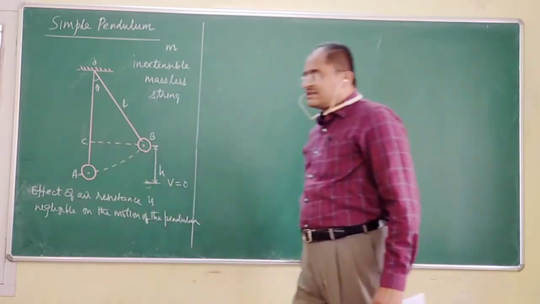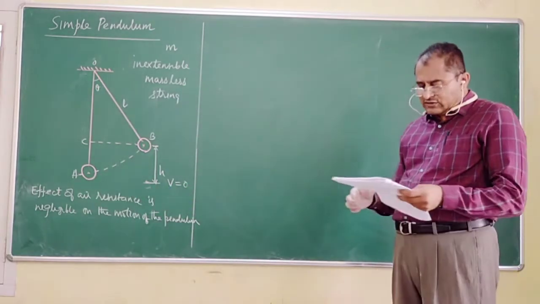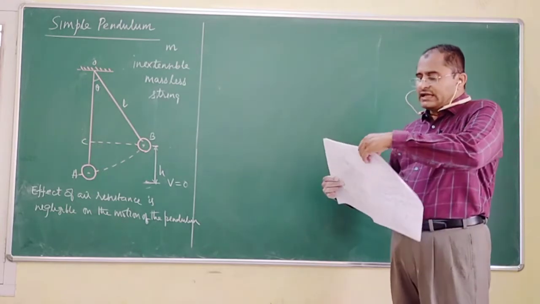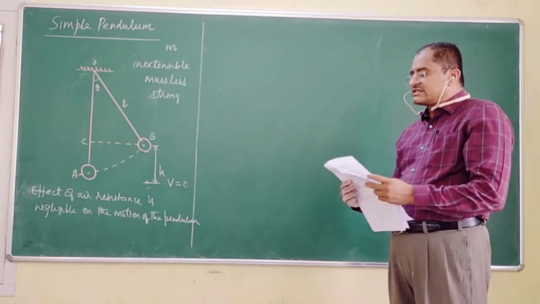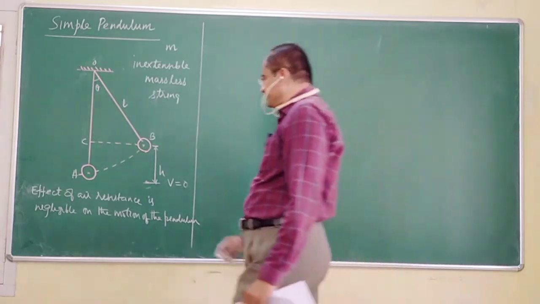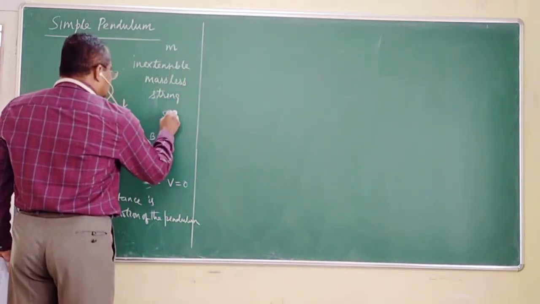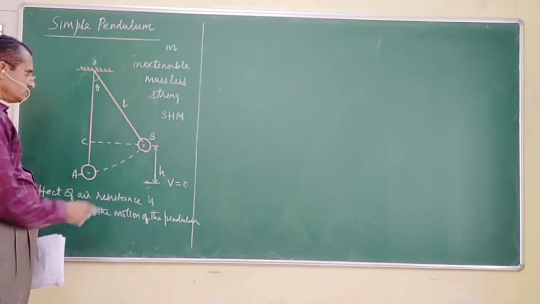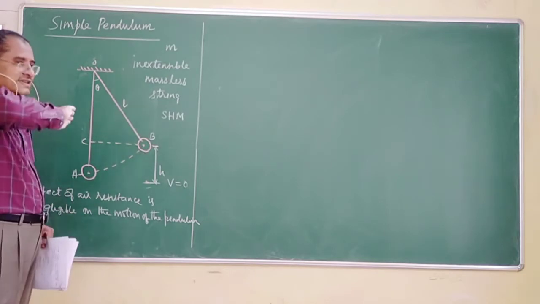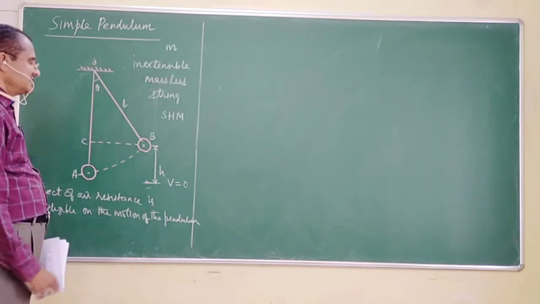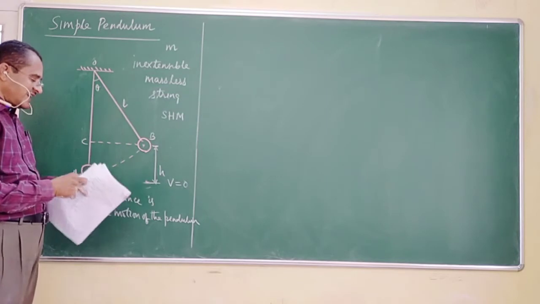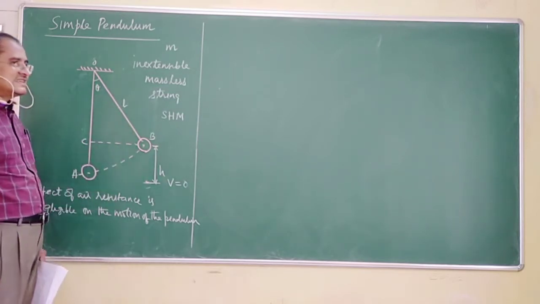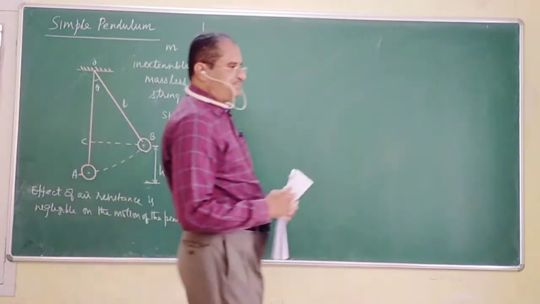If I displace this bob A from its mean position, it will execute simple harmonic motion. And mind you, this B is not the extreme position, it is the position at any instant of time, and as I said, L is the length of the pendulum.